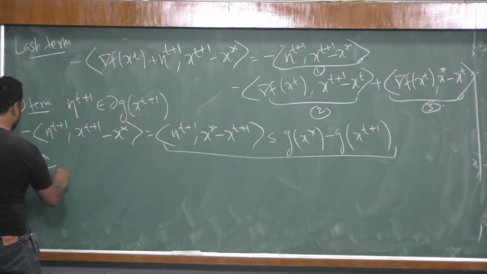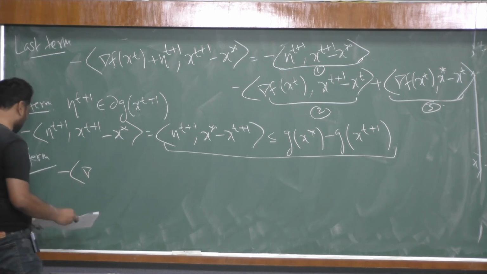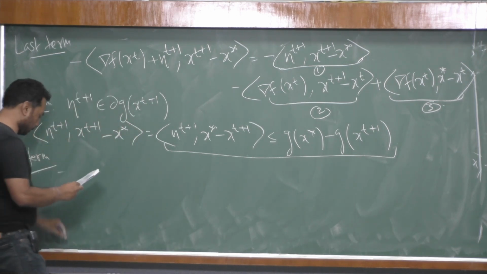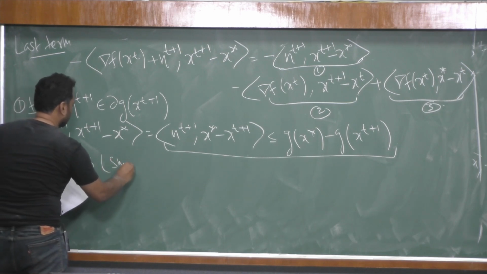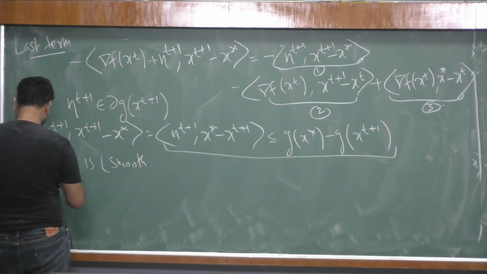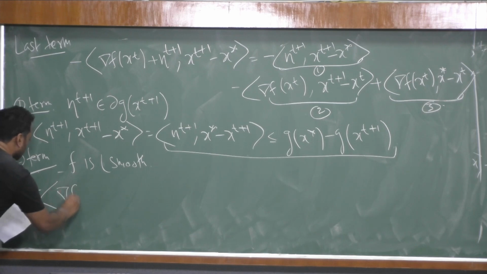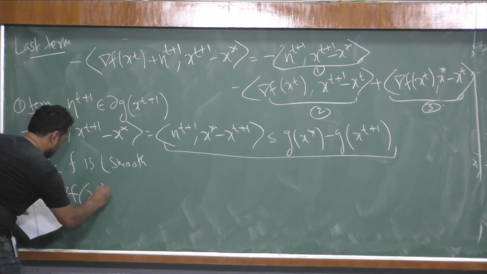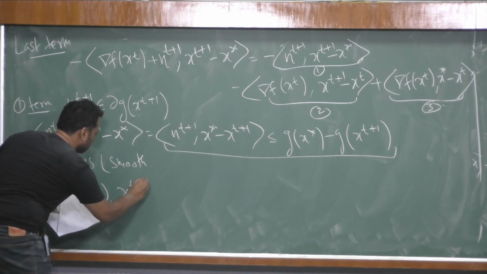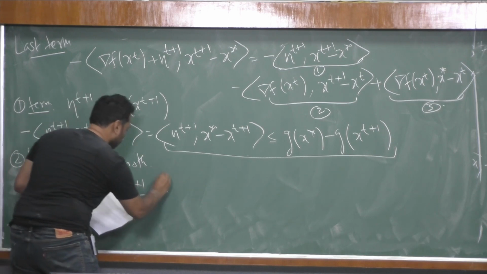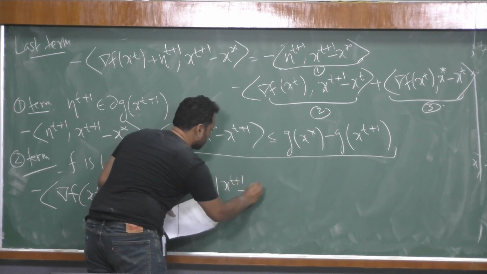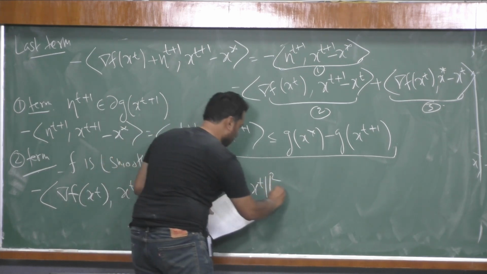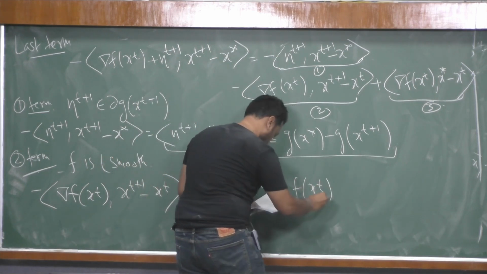So we are using the fact that f is L smooth. Then this implies that minus grad f(xt) times (x_{t+1} minus xt) is less than or equal to L by 2 times the norm of x_{t+1} minus xt squared, and then plus f(xt), and then minus f(x_{t+1}).